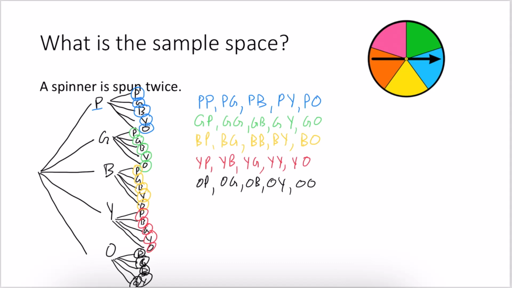And this situation is still relatively simple, but as you can see, there's a lot of possible outcomes. When you get into even more advanced problems where you're spinning spinners like 6 times, you don't want to have to write this all out in a choice tree, because even this relatively simple choice tree was really big. So on your assignment today, you'll be writing out the choice trees and listing out the sample spaces.